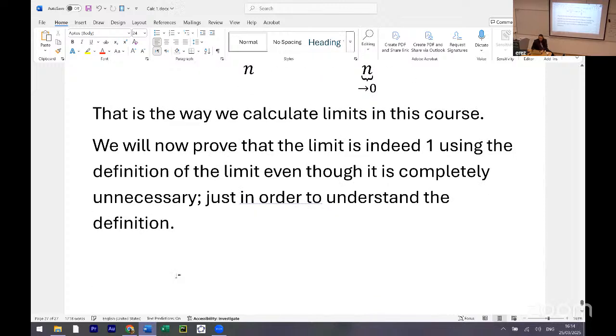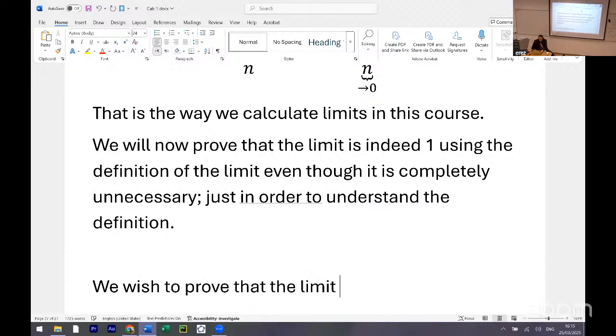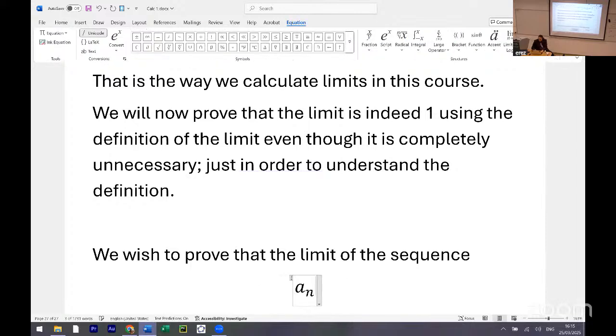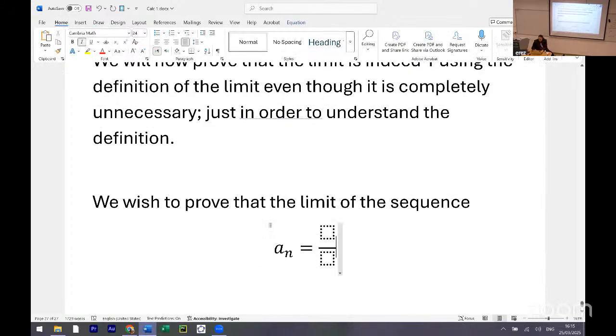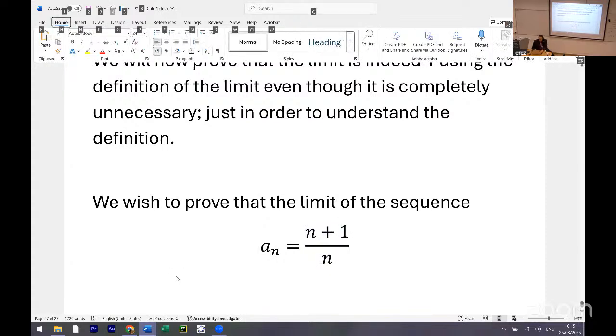Okay, so we wish to prove that the limit of the sequence a_n equals n over 1 times n is 1.